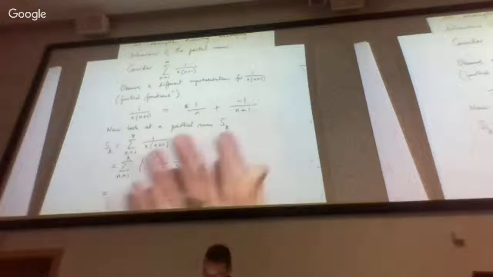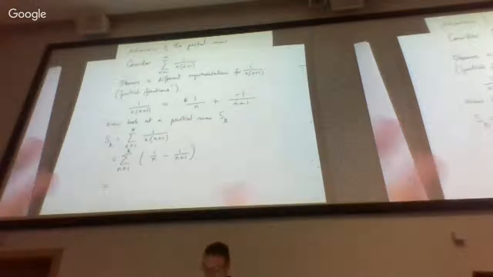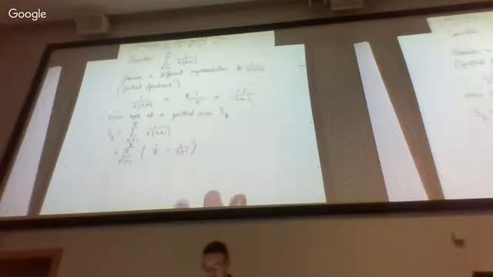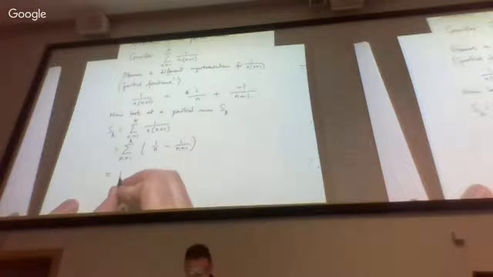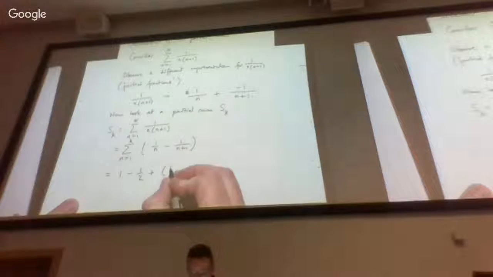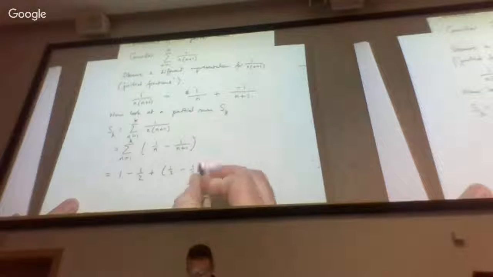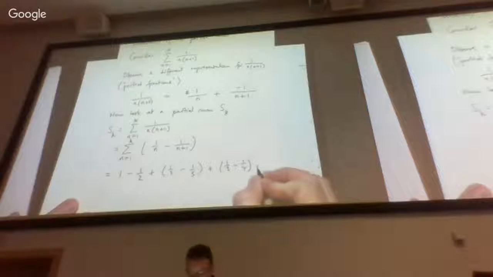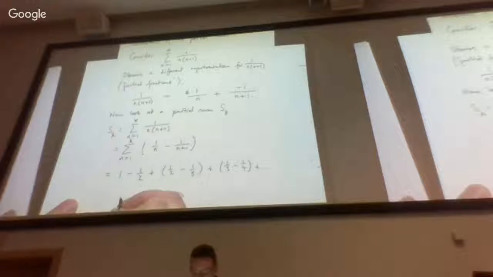Now, you can track what's happening there if you expand out the summation a bit and just look at what's happening, and you'll see the kind of pattern. I mean, when n is 1, you've got 1 minus a half. When n is 2, you've got a half minus a third. When n is 3, you've got a third minus a quarter. Okay, so you keep on adding these. There's a dot, dot, dot here.